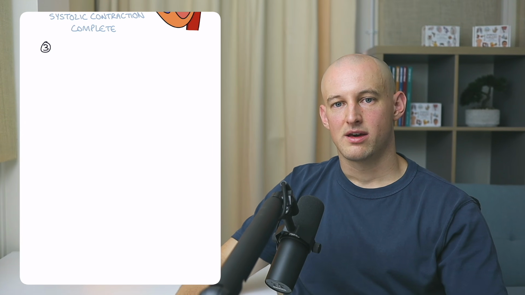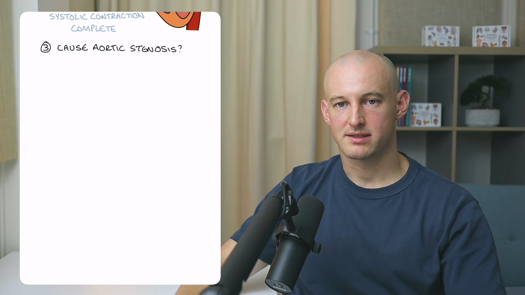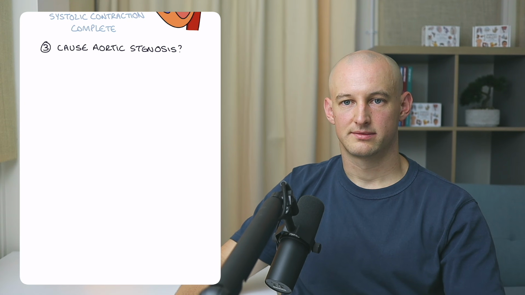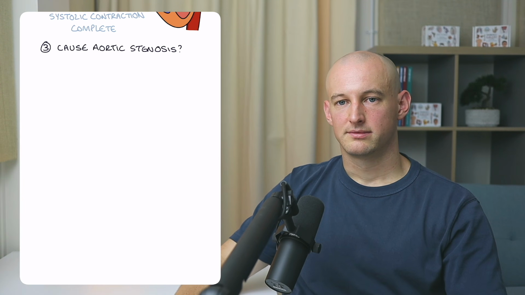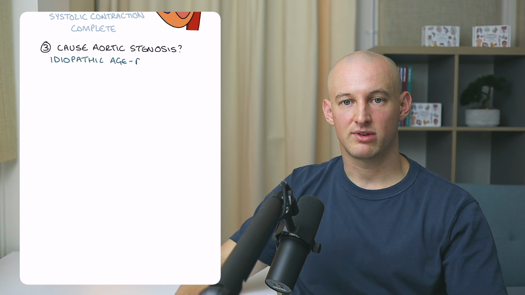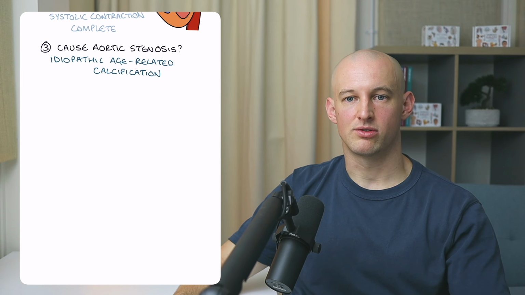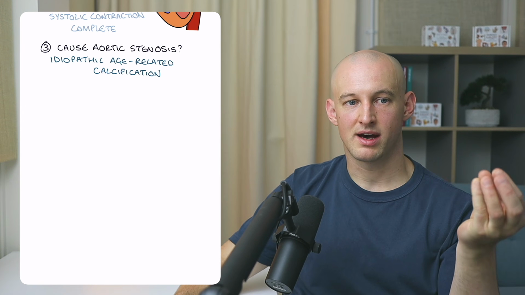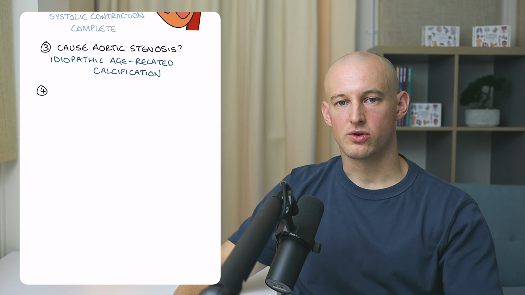Question 3. What's the most common cause of aortic stenosis? The most common cause is idiopathic age-related calcification. So essentially the person is getting old and their aortic valve is getting old and it's calcified and sort of hardened and narrowed.